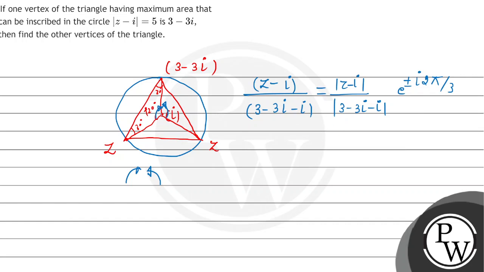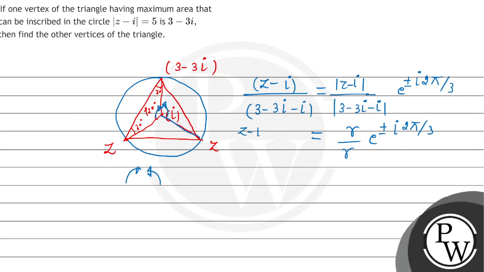Here we know that |z - i| is the radius of the circle, and |3 - 3i - i| is also the radius of the circle. So we can say the modulus will be the value: r e^(±i 2π/3).